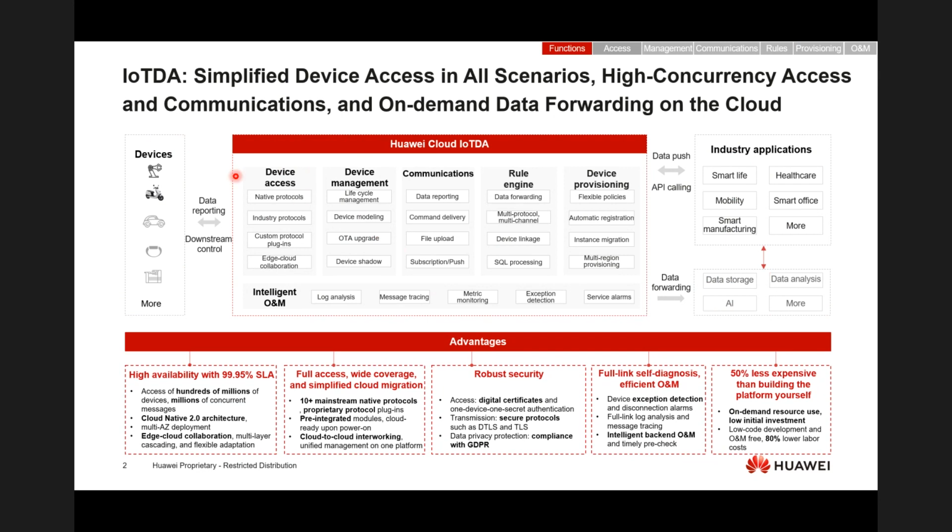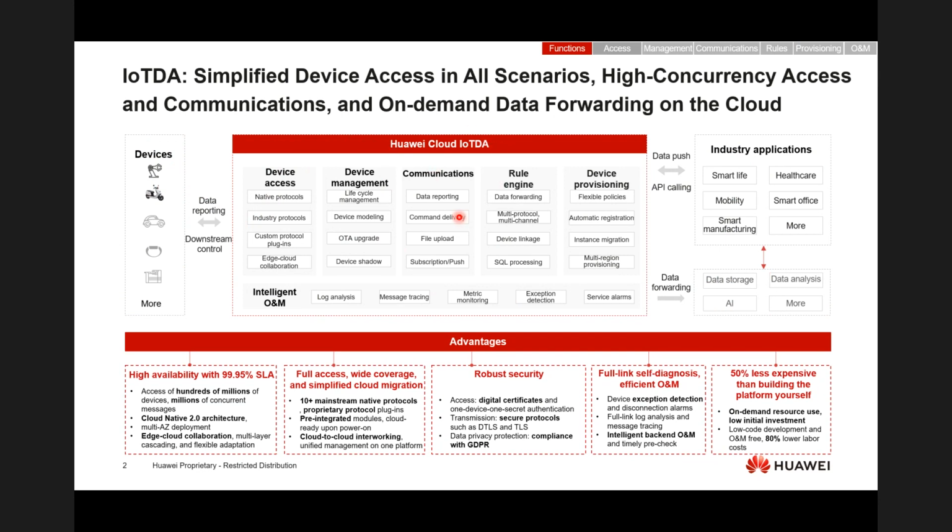So let's go to the left side. You can see here the devices. All kinds of devices are allowed to connect to the IoTDA if the device has the basic capabilities of network and protocol. For device reporting, the device can report data to the IoTDA, and the IoTDA will handle the link with the devices and the data the device reports.